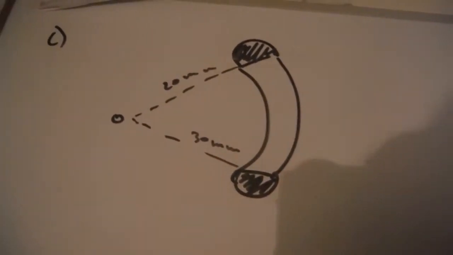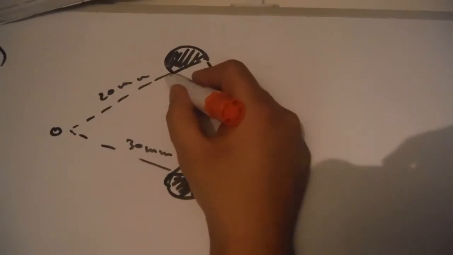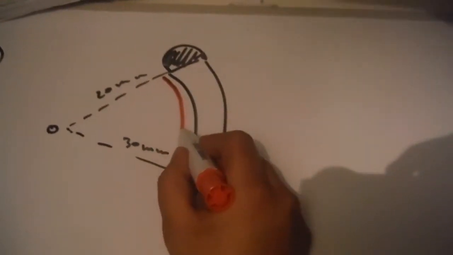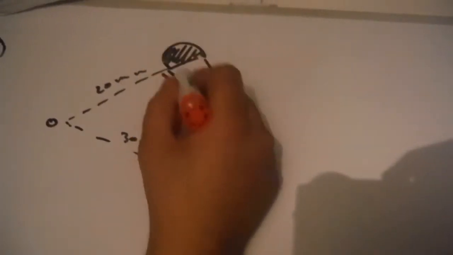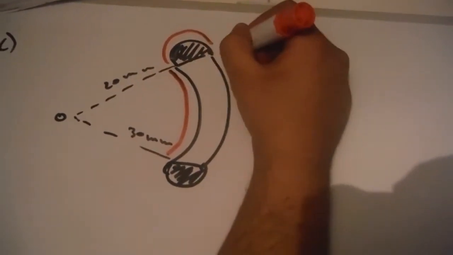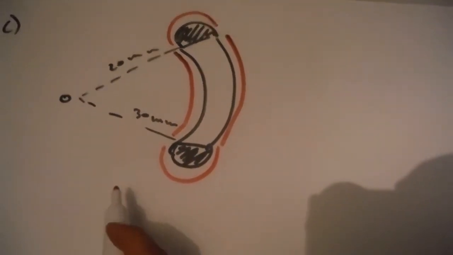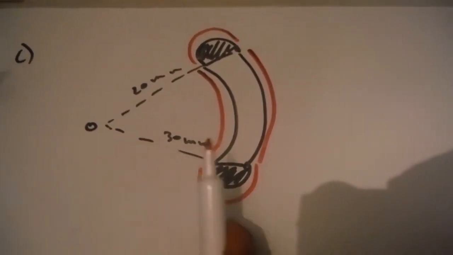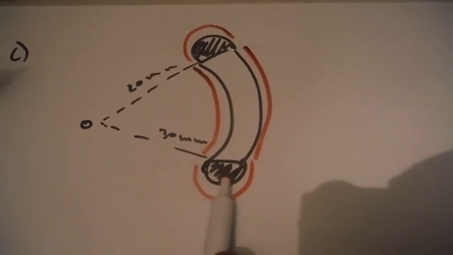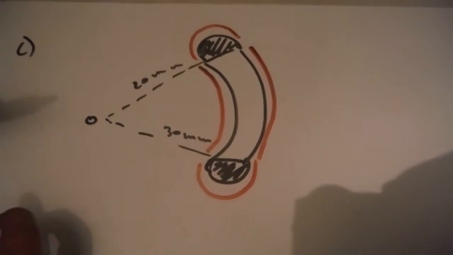Okay, so part C is to find the perimeter of the whole shape. Basically, we're going to work out the length of this part of the circumference, this part, and then this part. First of all, we know that the circumferences of both ends of the semicircle are going to be the same.